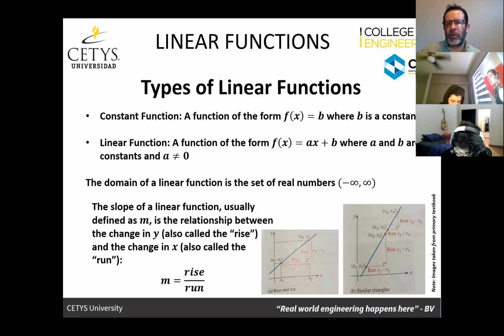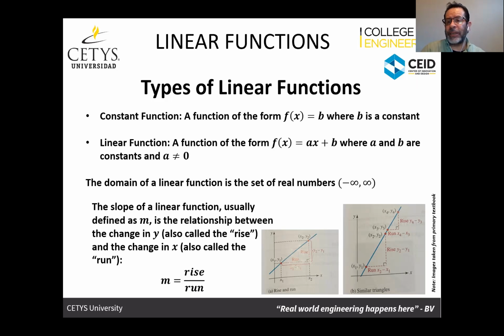Linear equations, quadratic equations, you guys should be knowing these and working with these since secondary school. Or surely at least high school. But we're going to go through them because these are important topics moving forward in this math course, this sort of pre-calculus course. So let's talk about linear functions.